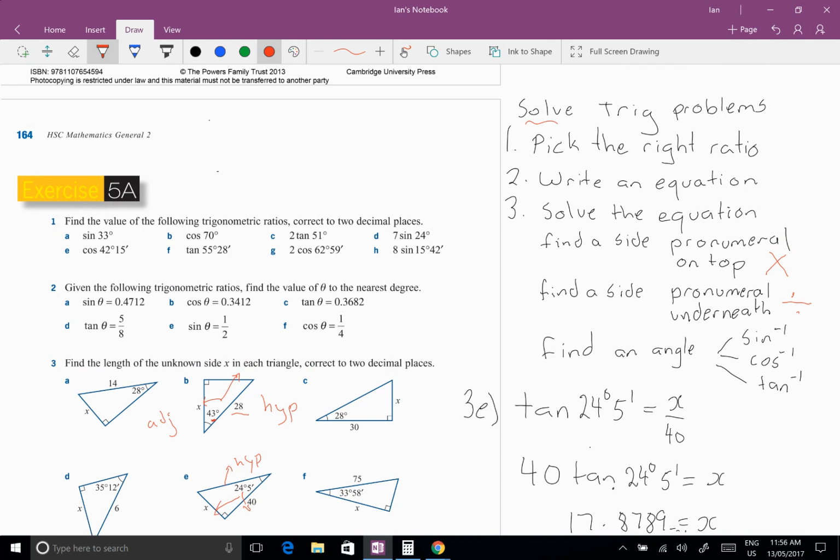So they're my 3 steps for solving trig problems. Pick the right ratio, write the equation, and then solve the equation using one of these 3 methods. Either, if the pronumeral's on top, multiply it across. If the pronumeral's underneath, divide. Or if you're finding an angle, you're going to go inverse sine or inverse cos or inverse tan.